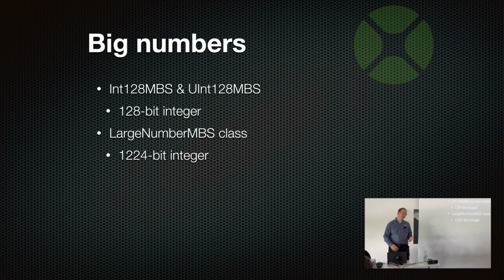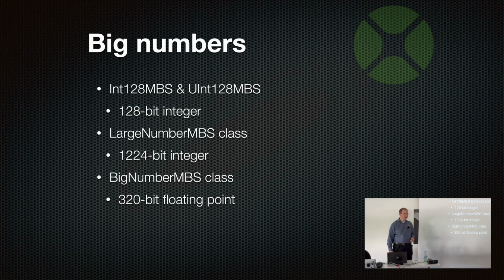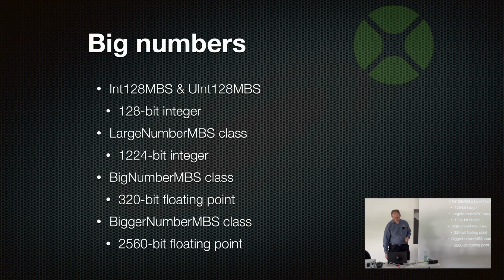Yeah, but if you really need to find big prime numbers, you need something like this. Then we have a floating point number with 320 bits, which is a bit more than the standard 64-bit. But then I had customers complain that's not enough. So I made a bigger number class. 2,500 bits.